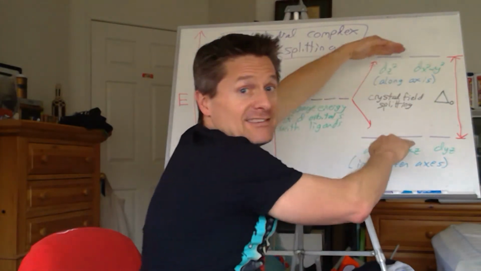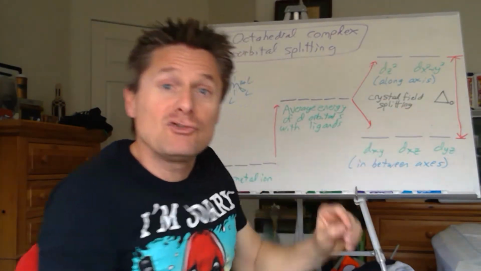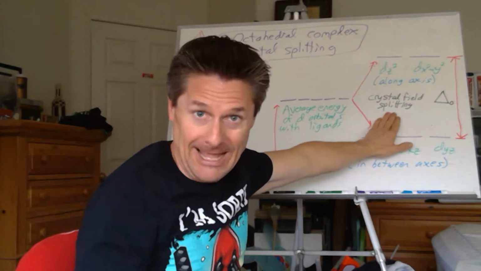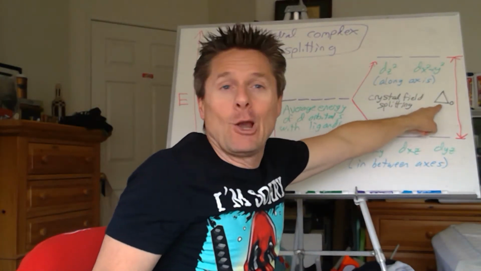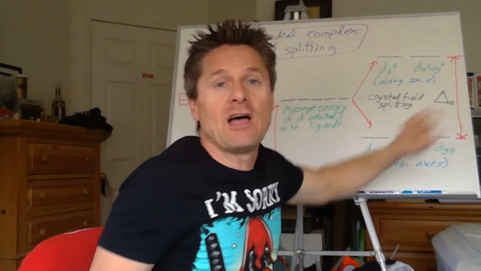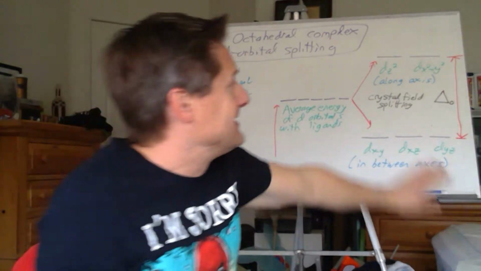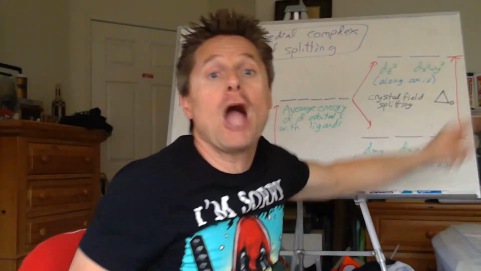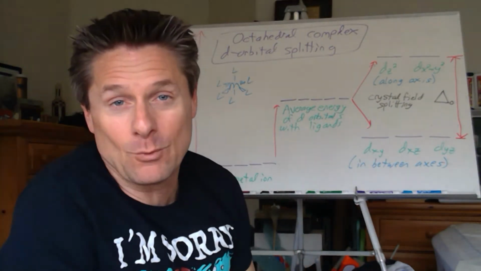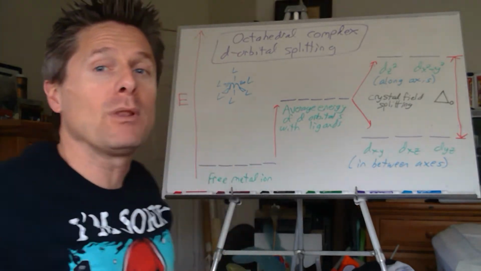That creates a splitting. We call that the crystal field splitting, right? That's why it's called crystal field theory. We give that a large triangle with a sub O, the delta, the change in energy due to the split for an octahedral complex. We're going to do that for tetrahedral and square planar as well.